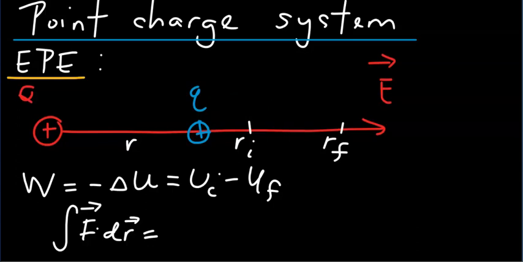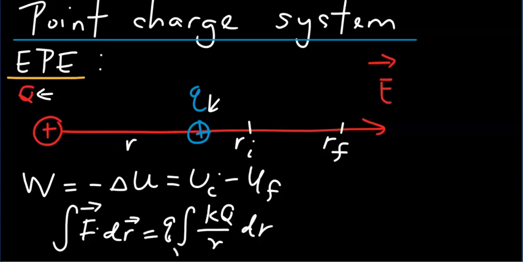The electric force is given by q times the electric field produced by this charge when the little q is moving, and that electric field is given by K capital Q over R squared dr from Ri to Rf. Do not forget the square because the electric field comes with R squared.